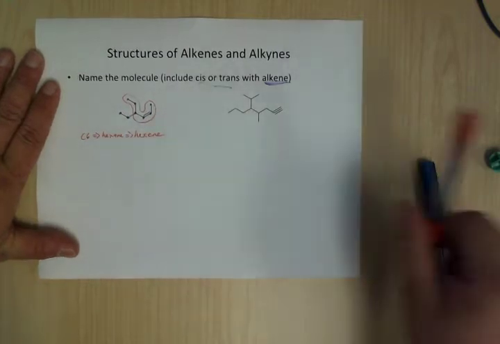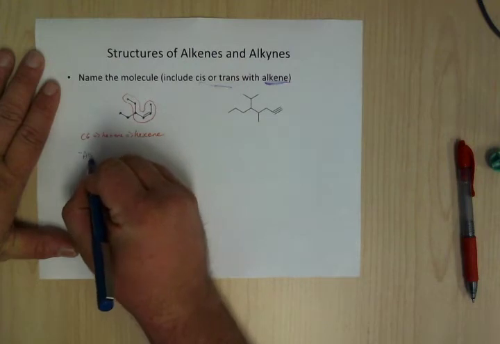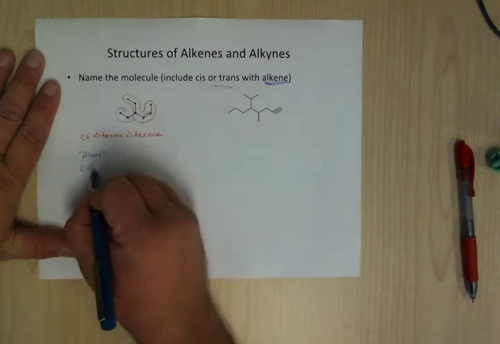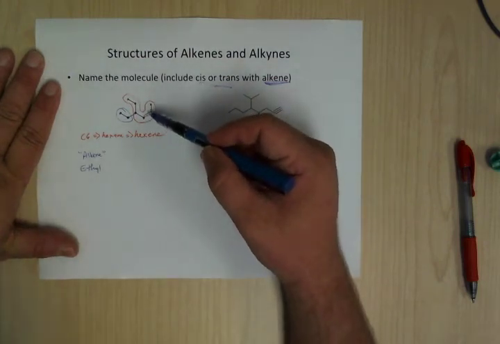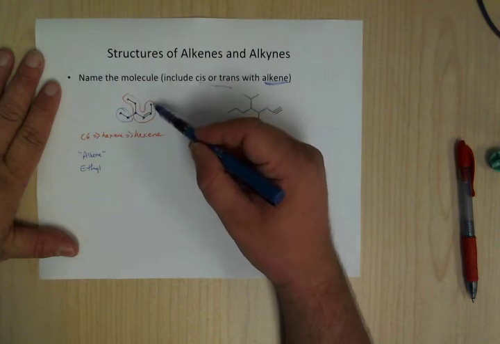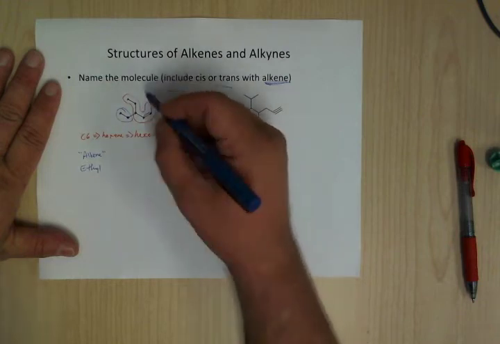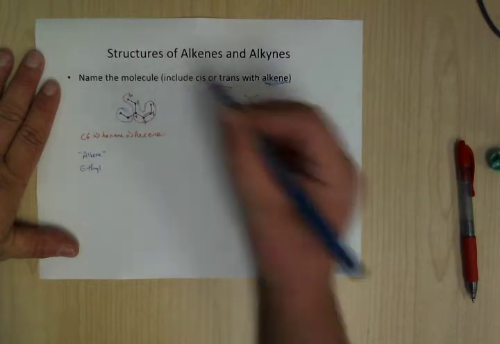Now we're going to need to figure out where that alkene starts for our numbering. But then we also have this ethyl group here. For the numbering, carbon 1 is the end that's closest to the double bond. So it ends up being here, 1, 2, 3, 4, 5, 6.